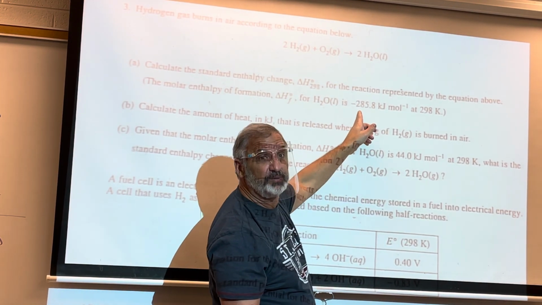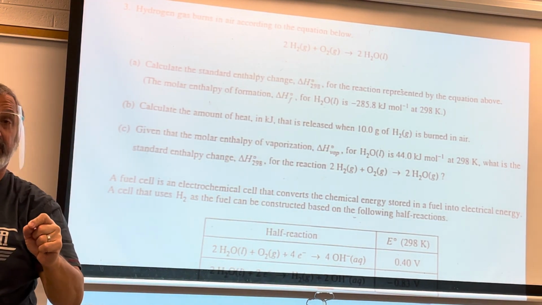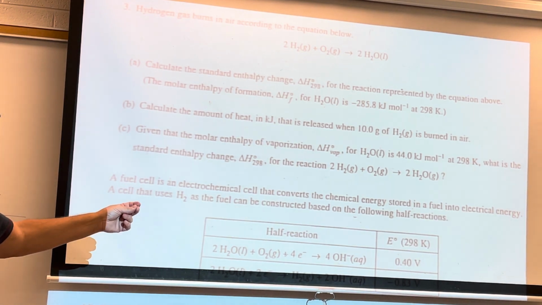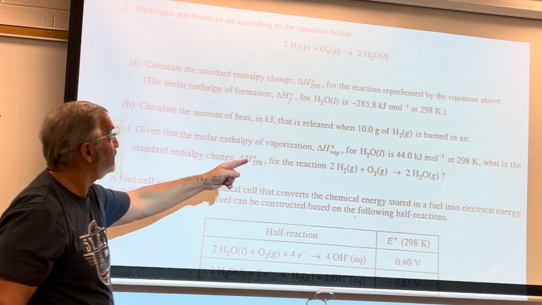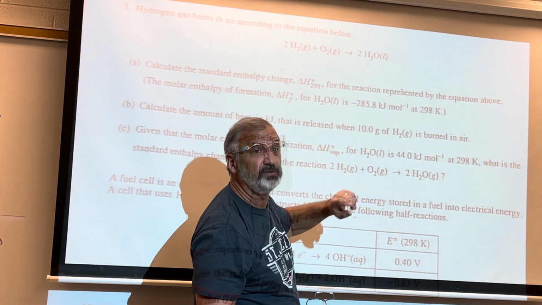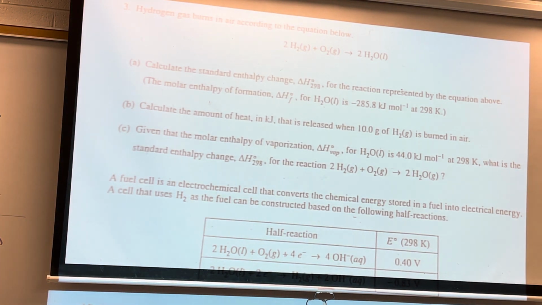So the answer to this one is pretty straightforward, as long as you understand that the heat of formation, in this particular reaction, is the heat of reaction. It's in kilojoules per 1 mole, so we just have to multiply it by 2 to get kilojoules per 2 moles. So that's just a formation question.